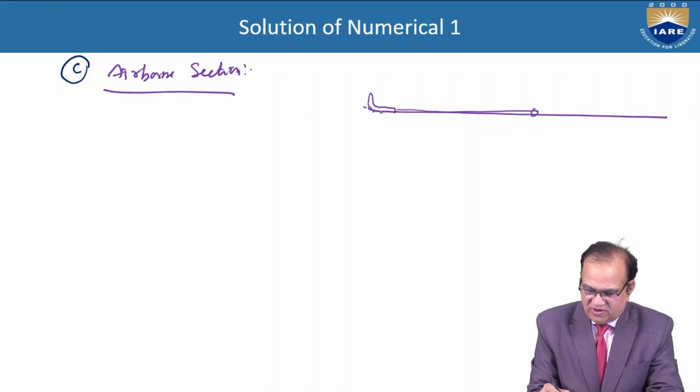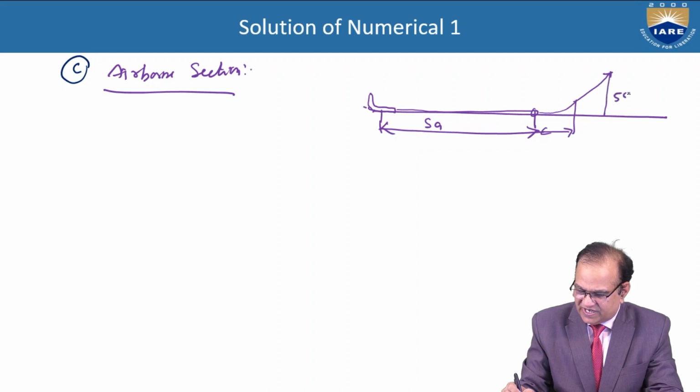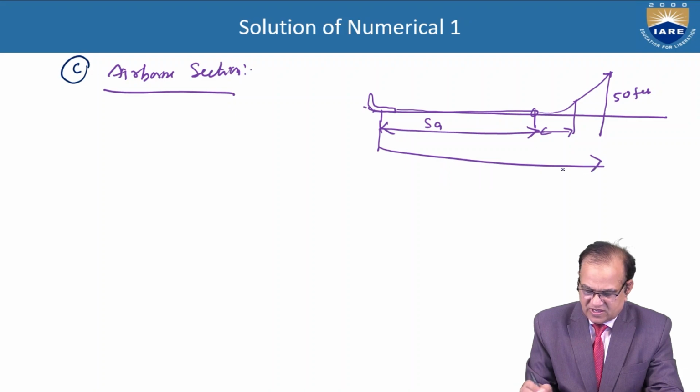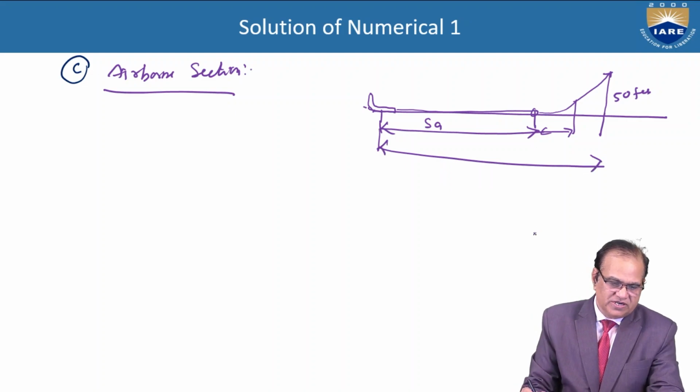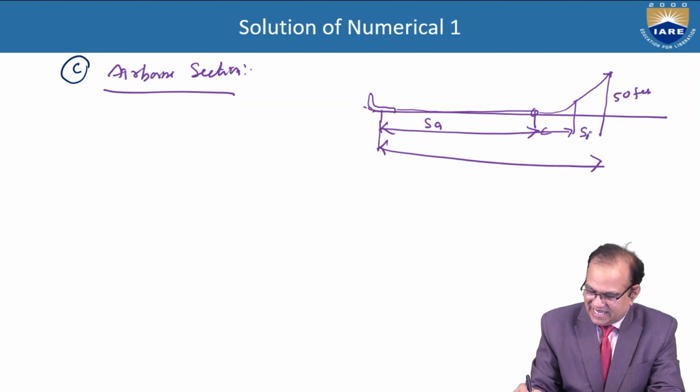It will accelerate from 0 to this. This is the accelerated distance, and from here the wheel will be touching, but it will go like this. This is the rotational, and from here, as and when it is clearing the 50 feet, this is your airborne section. So we have to find out that SA. This is the SA.